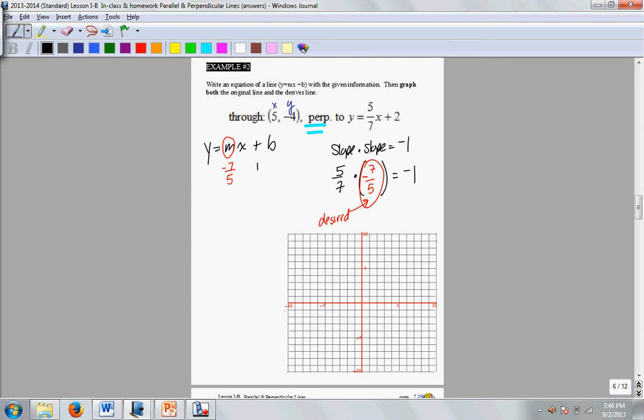We need to solve for b, so we're going to plug in that x, circle it, arrow, plug it in, put that over 1, equal sign, circle the y, pick up the y, arrow, plug it in, -4, and then we bring down the b.